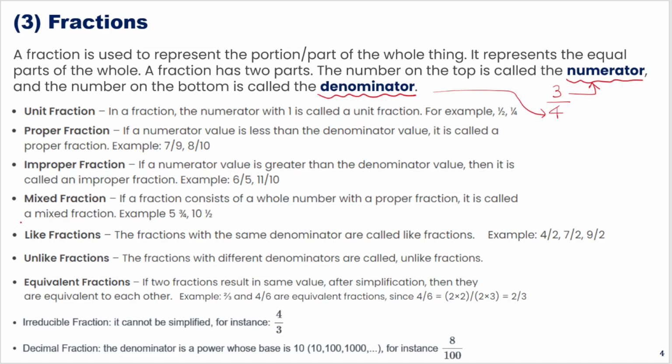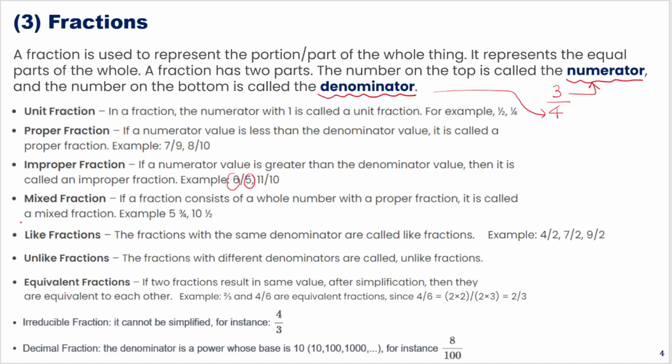Okay, next, improper fraction. If a numerator value is greater than the denominator value, then it's called an improper fraction. For example, 6 over 5 or 11 over 10. As you can see here, the numerator 6 is larger than the denominator 5, right? Or 11 is larger than 10.